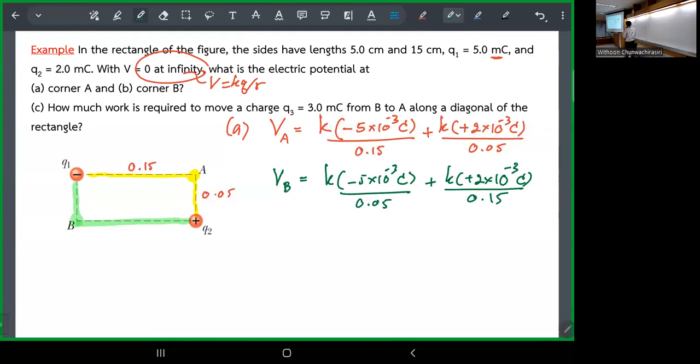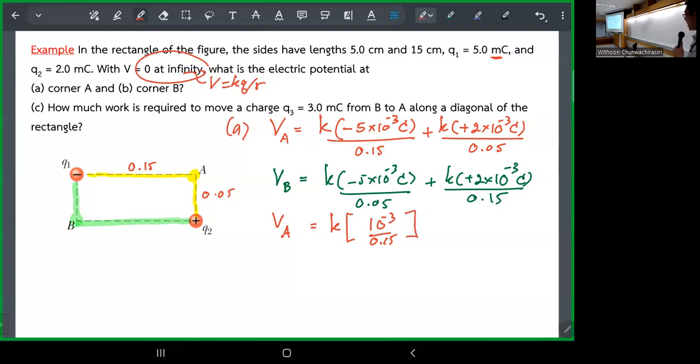All right. I really want you to calculate this for now. What I really want to do is get a number out of this a little bit. So V at A is going to be, I can pull K out. So what you're seeing over here is, let me do 3, 6. So it's going to be 10 to the -3 over 0.15 coulomb.